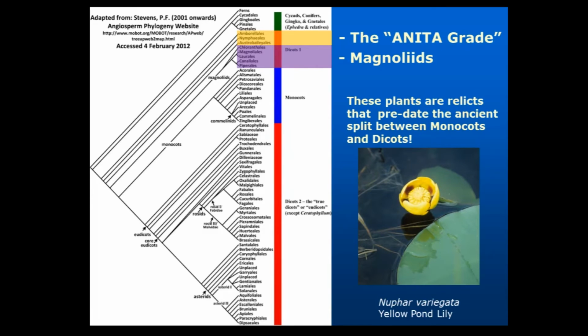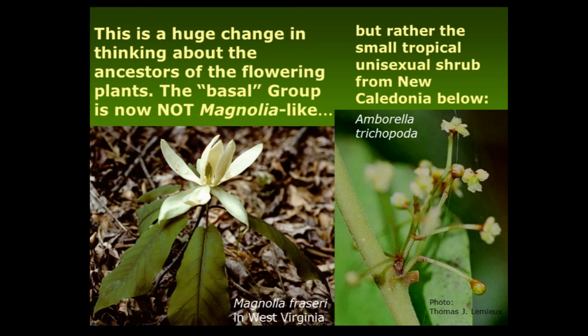This is a group of families that is referred to by this name right here. That's the first letters of the families in there. These are ancient relics, and they actually predate even the split between monocots and dicots. And there are a couple of interesting things about these.